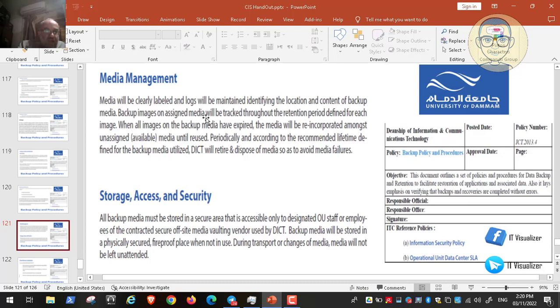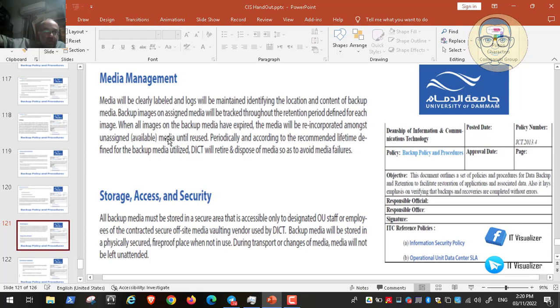Backup images on assigned media will be tracked through the retention period defined for each image. When all images on the backup media have expired, the media will be incorporated amongst unassigned available media until reuse. So if the retention period of the data is due, then you can take the tapes and reuse them or leave them unassigned, or remove the label.